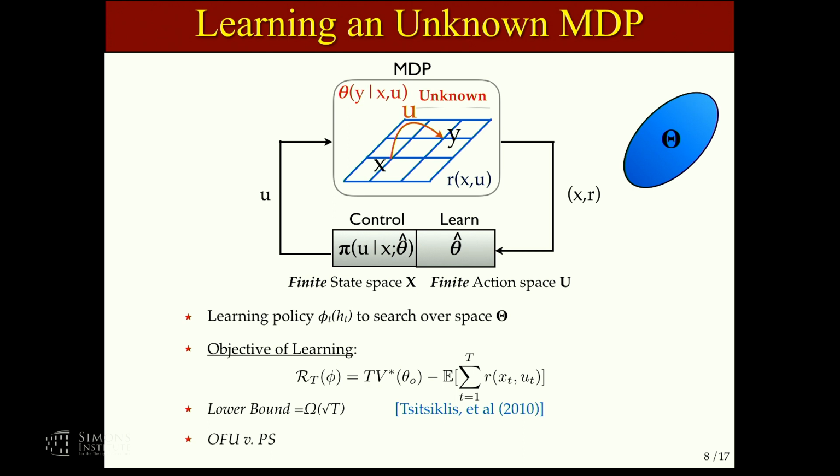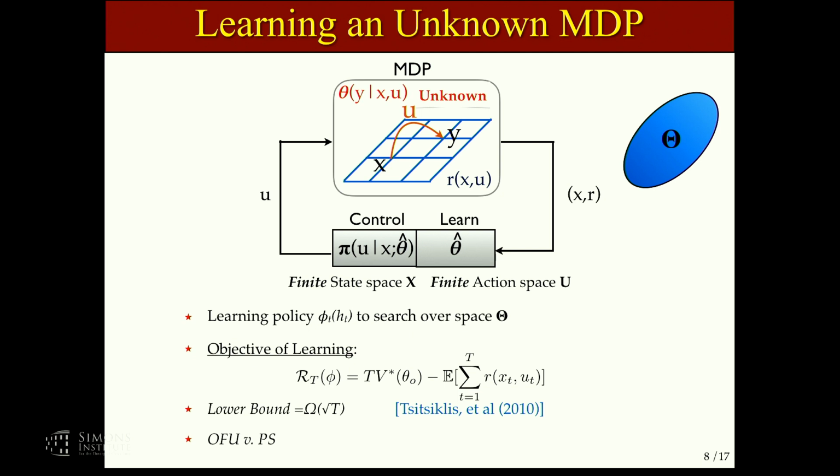And specifically, the objective of learning is to minimize the rate of growth of regret. So this is just a counterpart of regret that we saw earlier. Now, one lower bound that is known for this is square root t. So as opposed to the finite-armed bandit problem, where the lower bound is log t, here you cannot achieve log t. You can at best get a square root t.